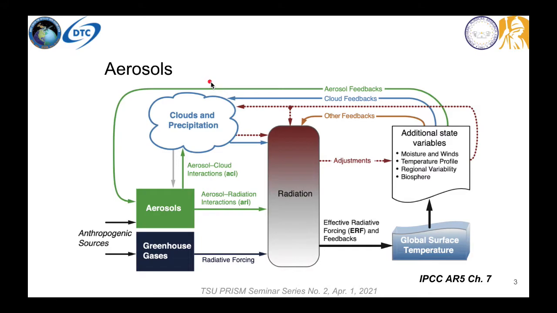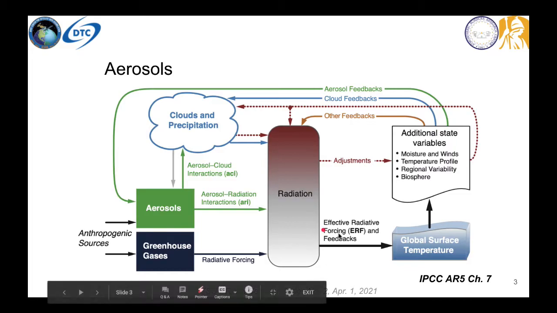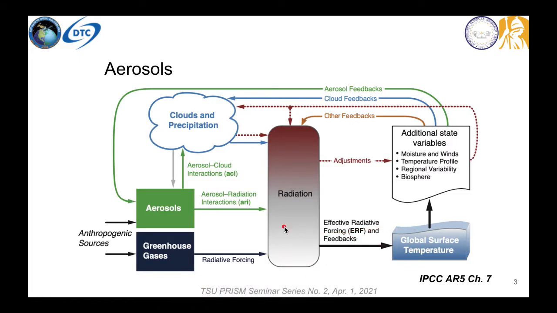So what are aerosols? Aerosols are small particles, around 0.1 micrometer to 10 micrometer, aloft in the atmosphere. The aerosol effects are well recognized in climate and numerical weather prediction research.